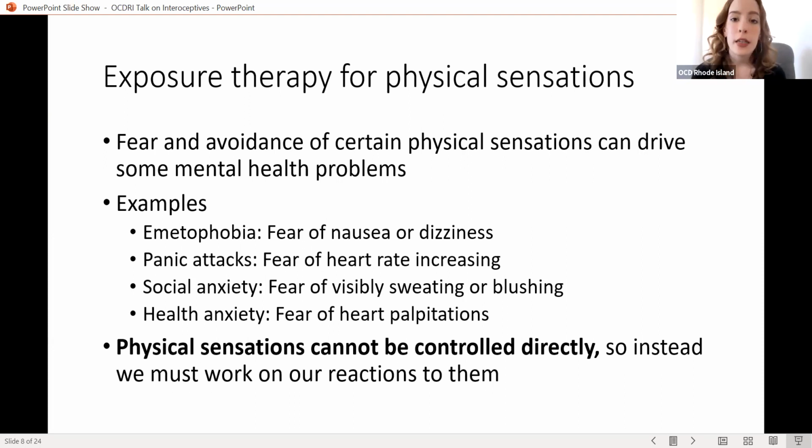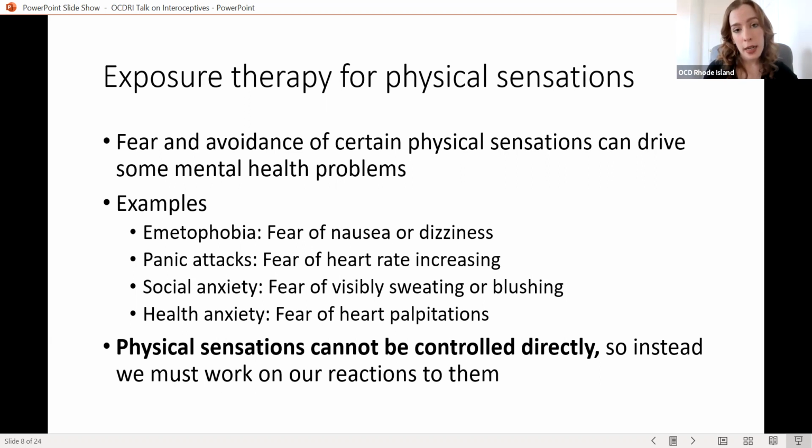In social anxiety, fears of physical sensations are often around being observed to be anxious. So, what if they can hear my voice shaking? Or what if they see me blushing? Maybe you avoid getting hot or sweaty because people will see that you're anxious.